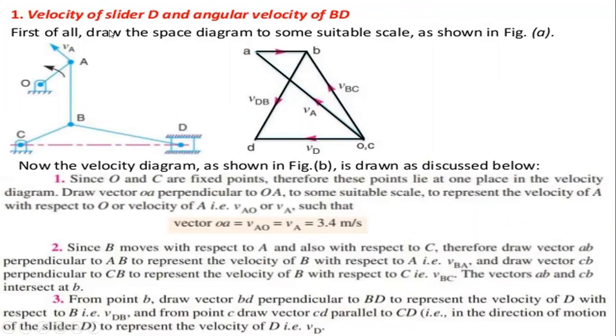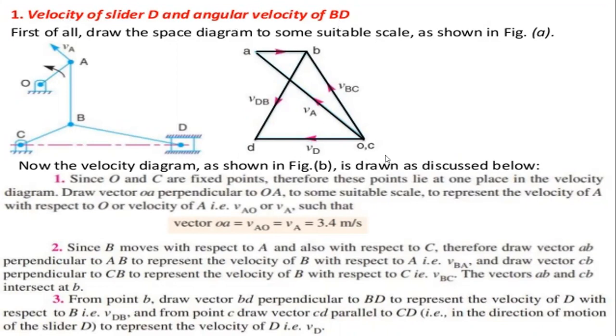Next, we need to find the velocity of slider D and the angular velocity of BD.